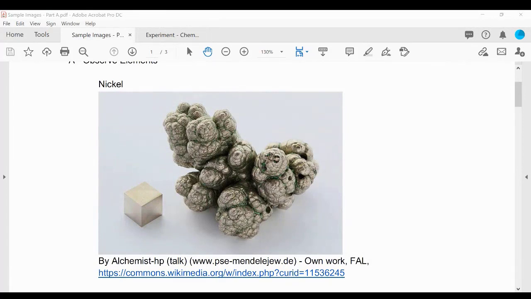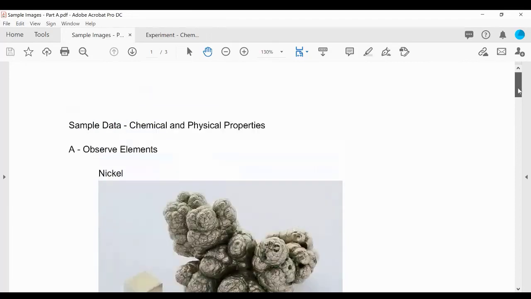Let me see if you can see that screen, which is a good thing. When you click in LabFlow where it says sample data, all that sample data is only for part A.